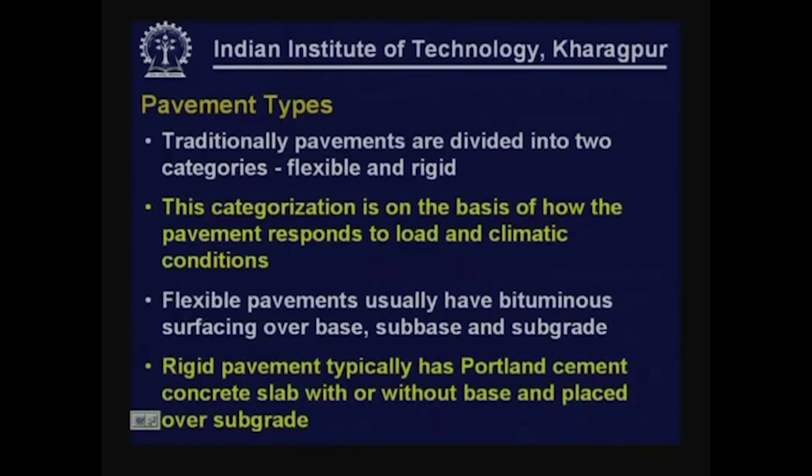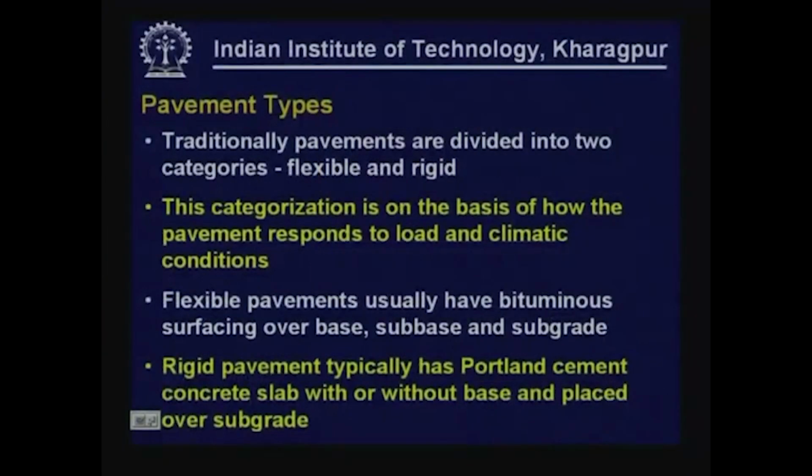As we have already discussed in earlier lessons, traditionally pavements are divided into two categories, flexible and rigid. This categorization is mainly on the basis of how the pavement materials, or the pavement as a whole, respond to load and climatic conditions. Flexible pavements usually have bituminous surfacing over granular base and granular subbase, which in turn are placed over subgrade.